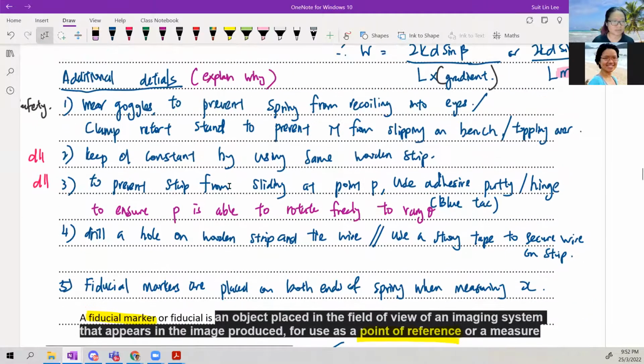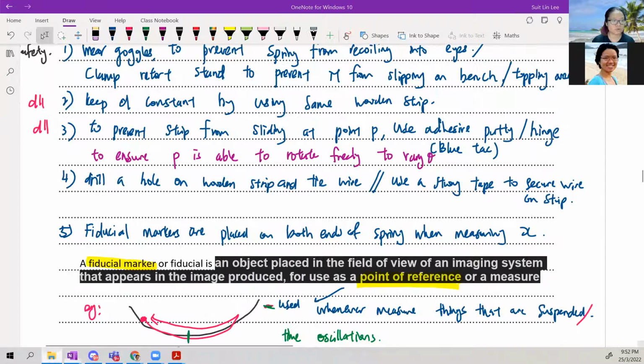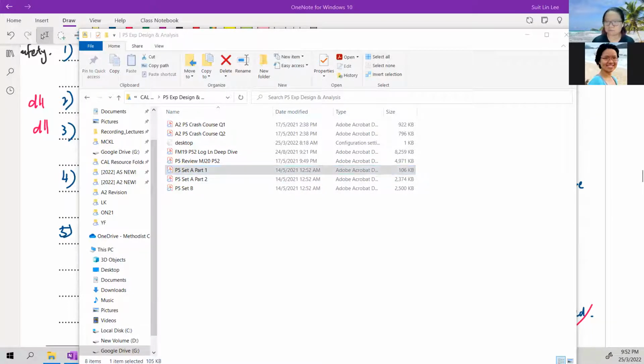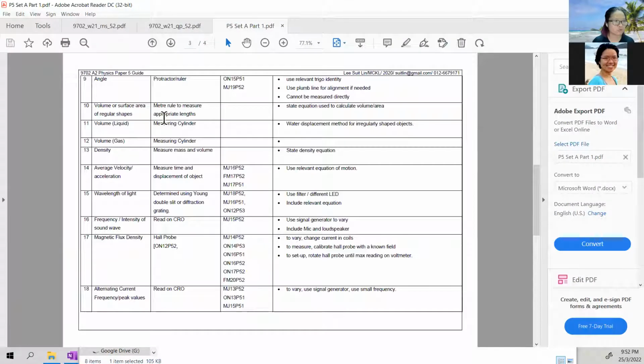Okay, this is a 19 out of 15 mark essay. So when you open that Cal resource folder that hopefully you've been using, you will reach this part where there's the key file, experiment and design. I've done a previous crash course, it's recorded, nothing much has changed. If you go to set A part 1, this will come up for you.